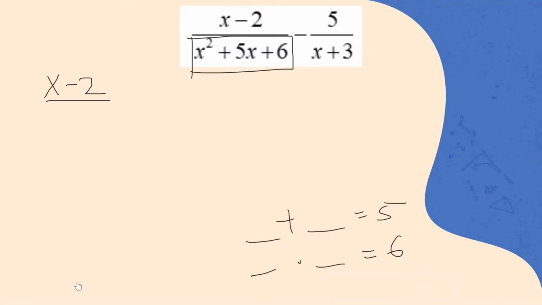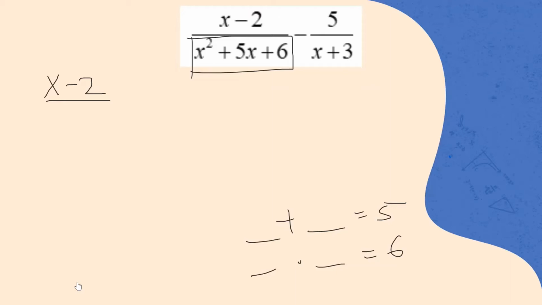So you ask yourself, what should the two numbers be that if I add them, they add to positive 5, and if I multiply those same two numbers, they give me a product of 6. And I told you, if you remember, that you start off by finding the factors of 6.